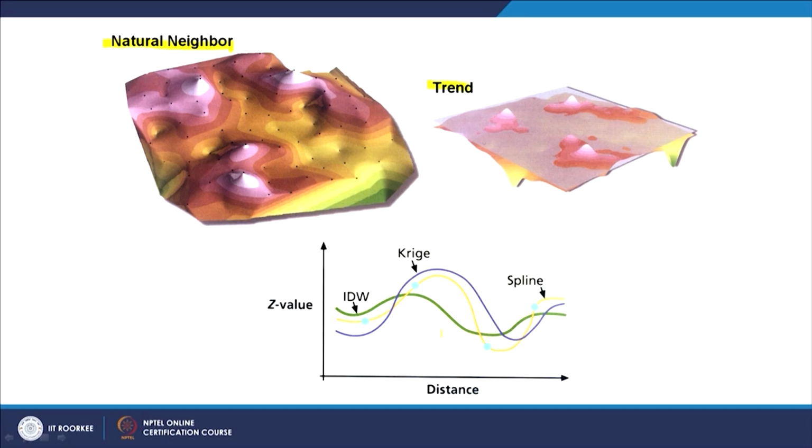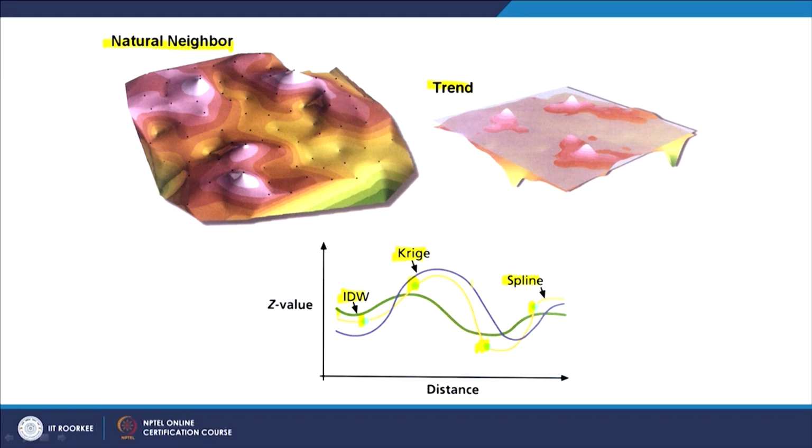If I draw a cross section or a profile for all 3 surfaces which we have just discussed, with the input points also shown here as blue dots, what you see is that this blue one is the Kriging surface, which has more variations, but sometimes it is very well fitted between these 2 points. But in the case of spline, as you can see, this yellow one is an exact fit. So, it goes and touches all input points, whereas IDW goes in between points, not exact in this particular example.